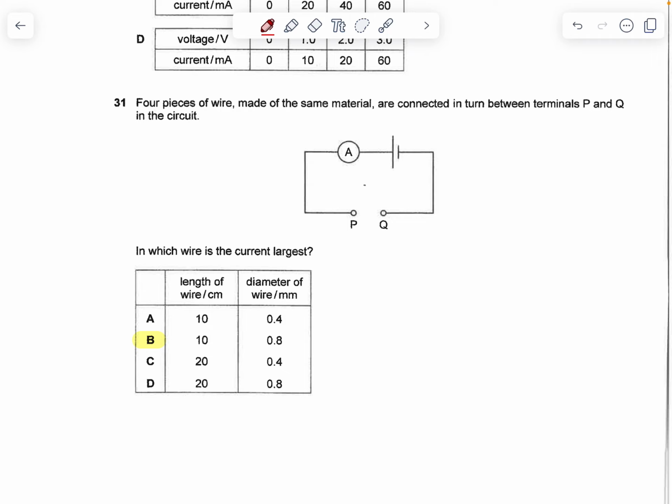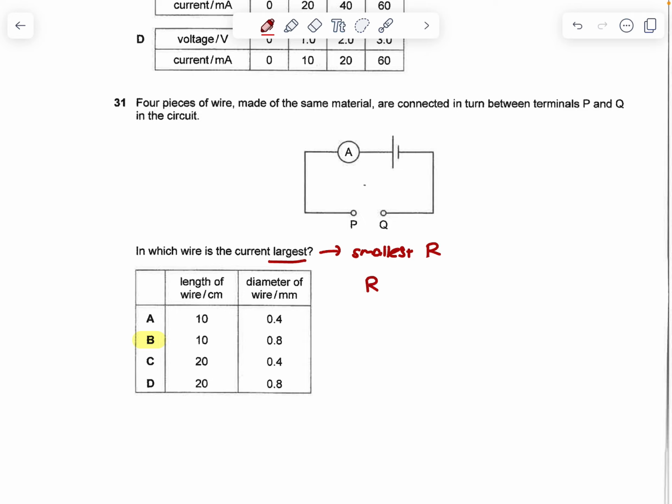Question 31. Four pieces of wire are made of the same materials. They are connected in between the terminals P and Q in the circuit. Which wire has the largest current? So if you want the largest current, you want to have the smallest resistance.